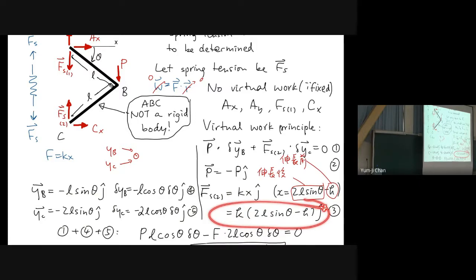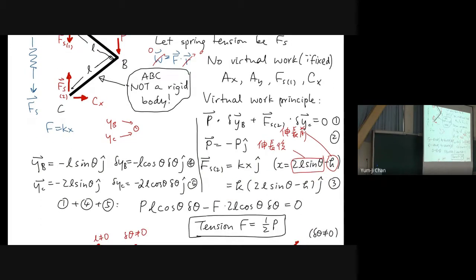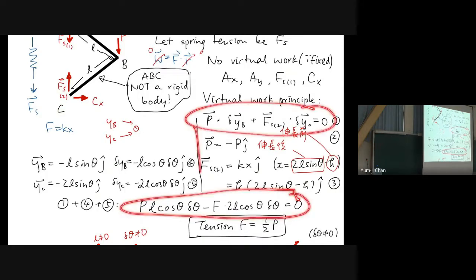And we have 5 equations here, and then we can get this one. Equation 1 becomes this one.